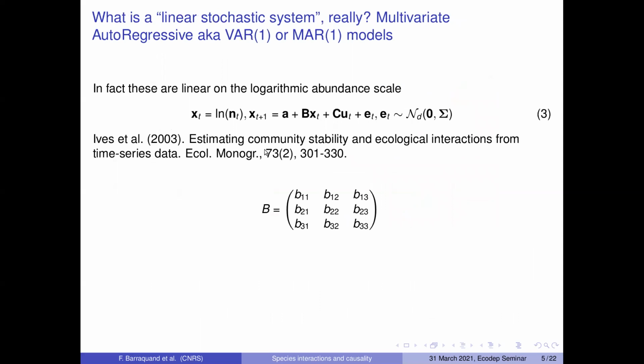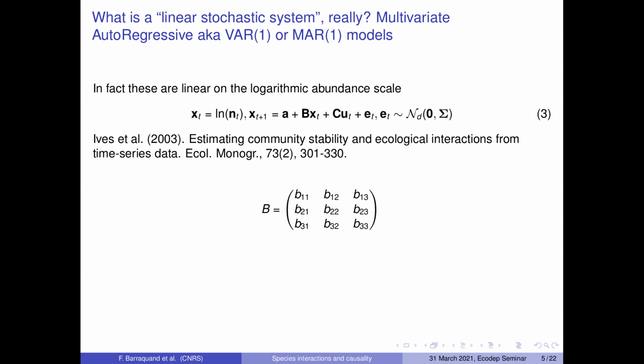Now, the critique of Sugihara and co-authors was likely directed at applying Granger causality to something other than a linear stochastic system, but they didn't really say what they meant by linear stochastic system. So I'm going to make this more precise.